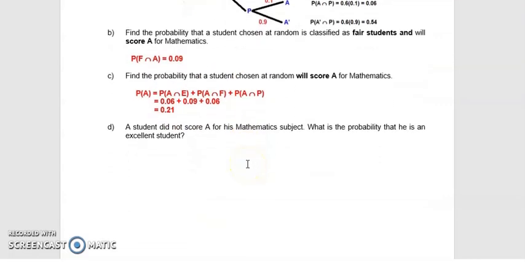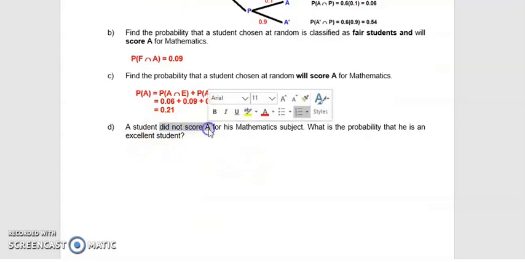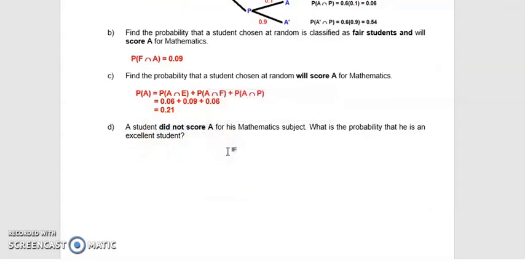Okay, now question D. A student did not score A for his mathematics subject. What is the probability that he is an excellent student? So this is a question for conditional probability. What is the condition? The condition is did not score A for mathematics.